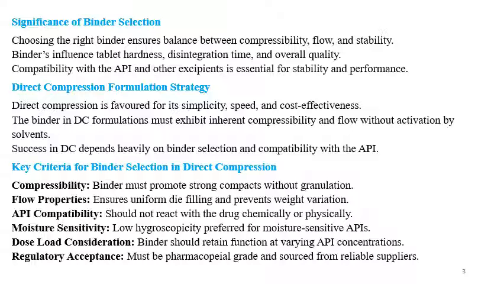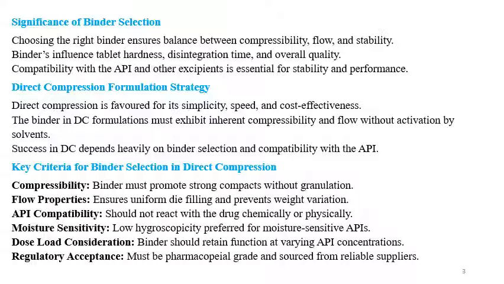Significance of binder selection. Whenever you are choosing the binder, always check the concentration, the compressibility required, the flow required, and the stability. It should be compatible with the API. Binders influence tablet hardness, disintegration time, and overall quality. Compatibility with the API and other excipients is required for its performance. Direct compression formulation strategy.